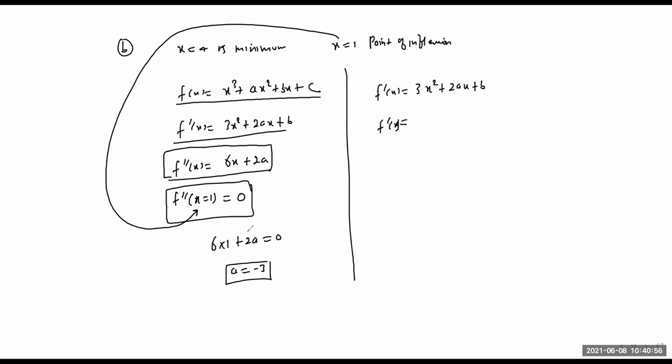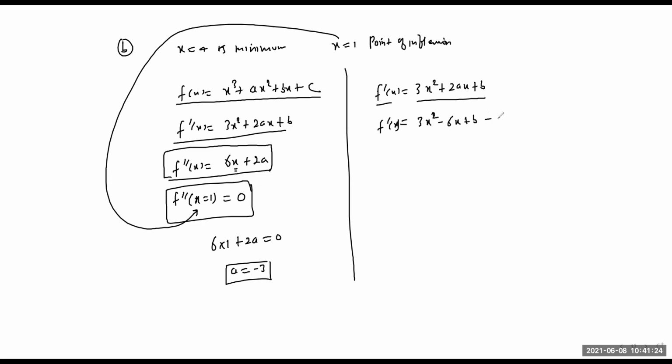So at the point of inflection, what happens? The second derivative becomes 0. So we have the second derivative, we put x equals 1 and equate it to 0, and we got a, which is minus 3. Now the first derivative, substituting the value of a which we have got, becomes 3x² - 6x + b.